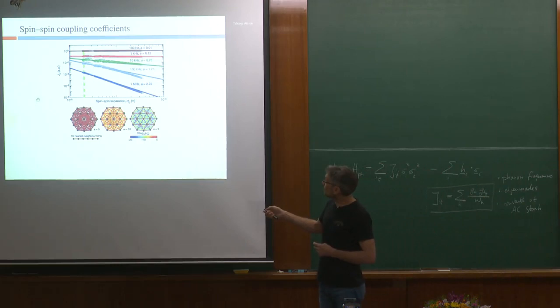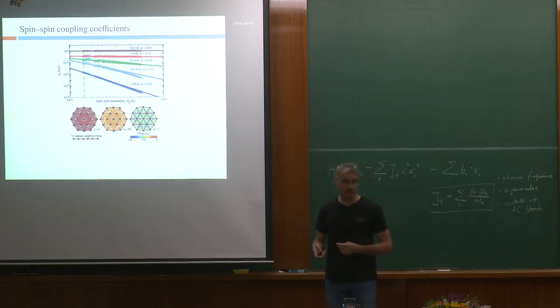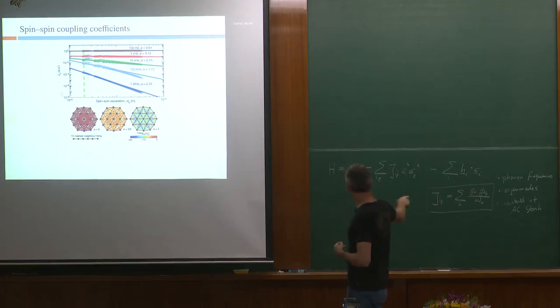What you see on this axis is the spin separation, so this is distance. The claim is that it's going to be a long-range interaction, so we want to see a power law in the distance. This is why this is a logarithmic scale here, and the interaction strength is plotted, obtained with this formula, also on a logarithmic scale.